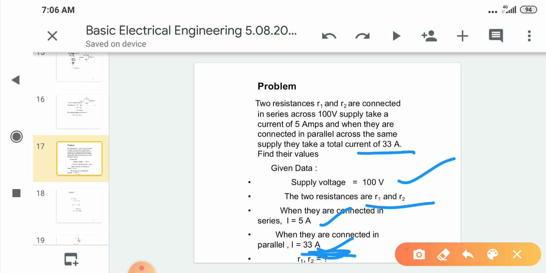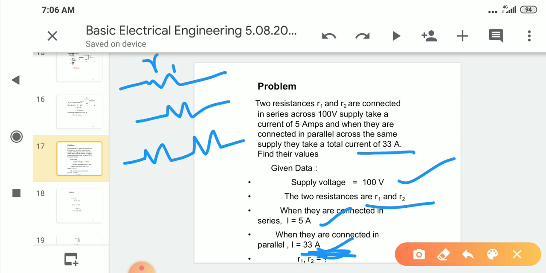Just read this question one more time, then you will understand this. Here, two resistances are there, R1 and R2. When this combination is connected in parallel, then its current is 33.